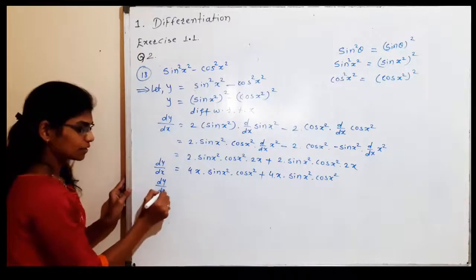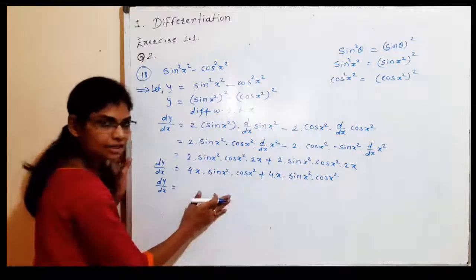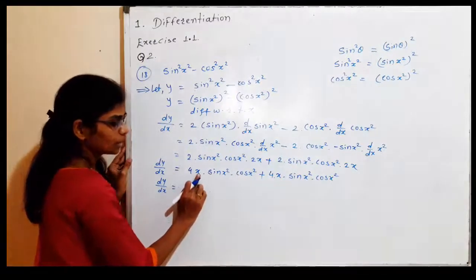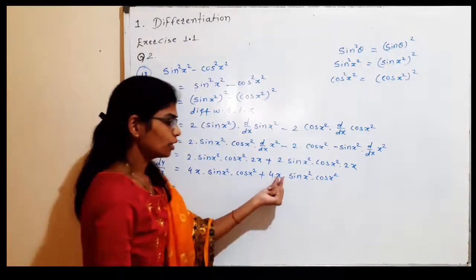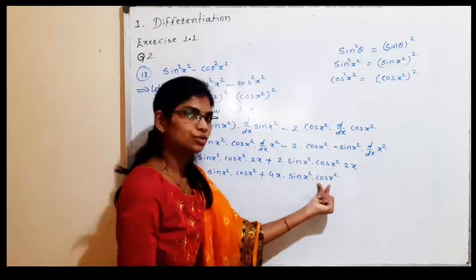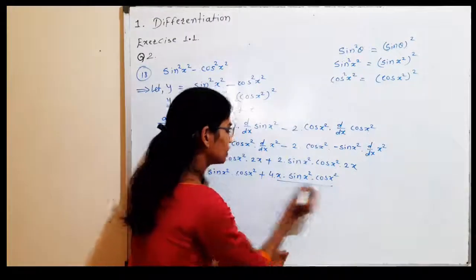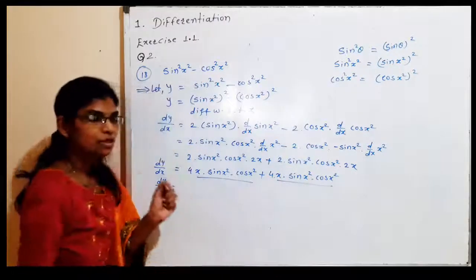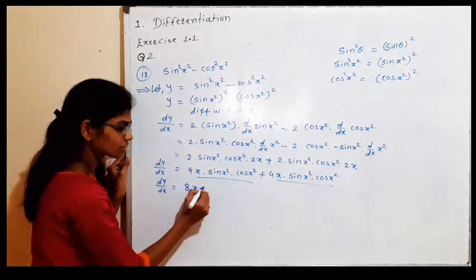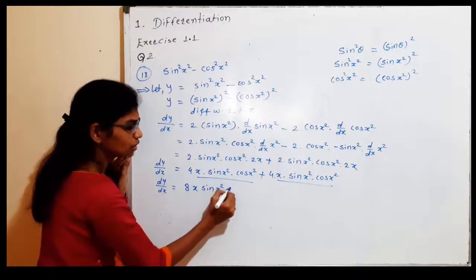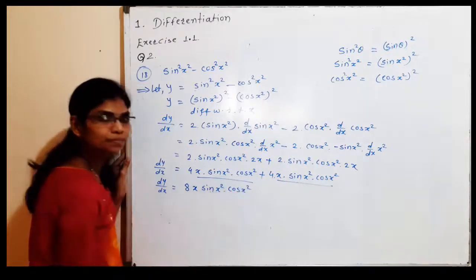So the derivative of y with respect to x is equal to 4x into sin x square cos x square plus 4 into x into sin x square into cos x square. Both are like terms, so we add these two terms and the answer is 8x into sin of x square into cos of x square.